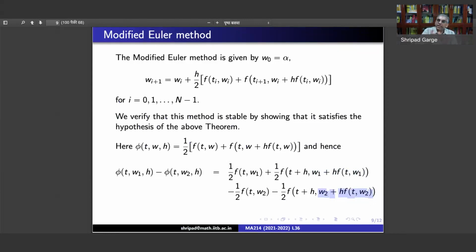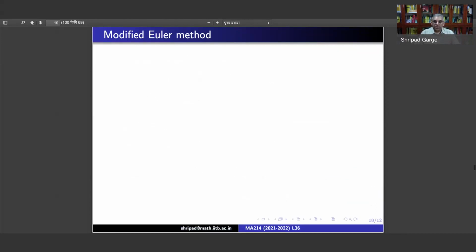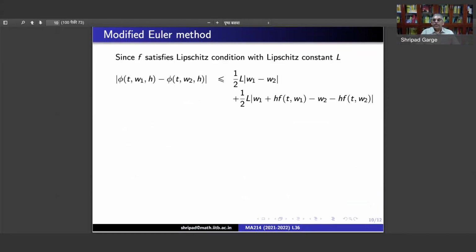So once again an L comes out, and what you then get is the modulus of W1 plus h f(t, W1) minus W2 minus h f(t, W2). There is an L outside.